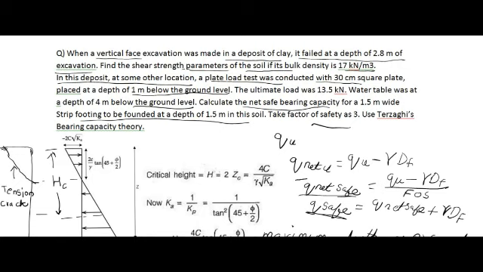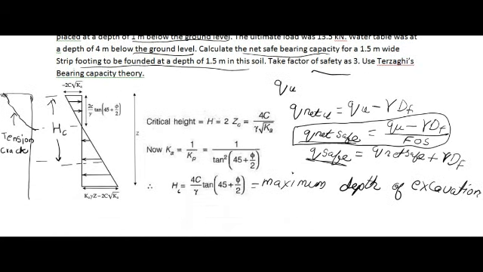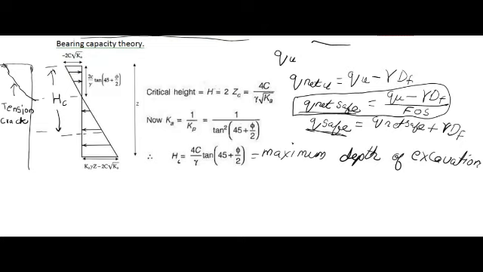Exactly this is what the problem asks us to calculate. So for calculating the Q net safe, we need to calculate Qu, that is the net ultimate bearing capacity of soil.